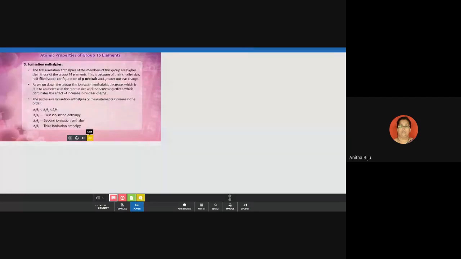Third point is ionization enthalpy. Here we can specify that a maximum of 3 ionizations are possible from 13th group elements. Why is it maximum? Because ns2 is completely filled, it will be very difficult to remove those electrons, with extra stability.